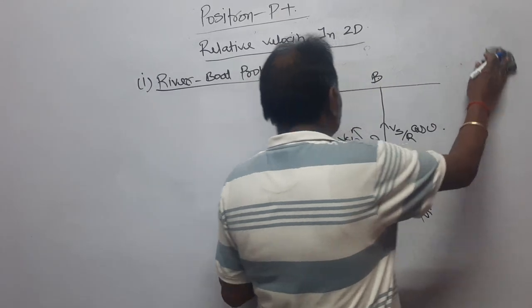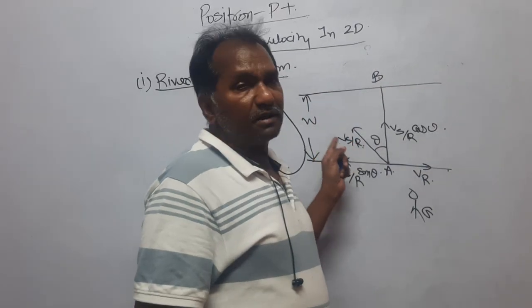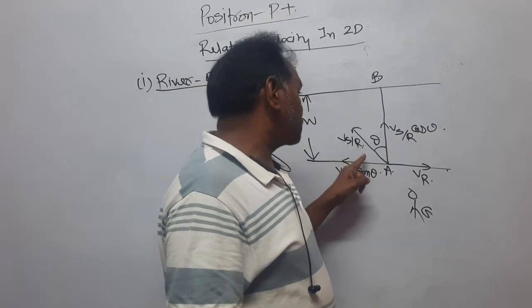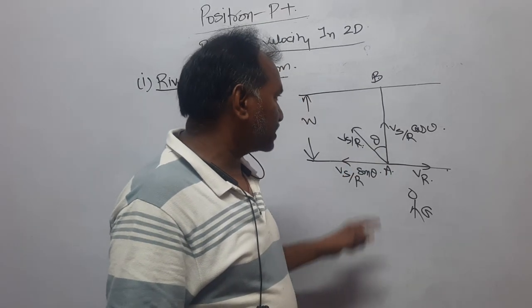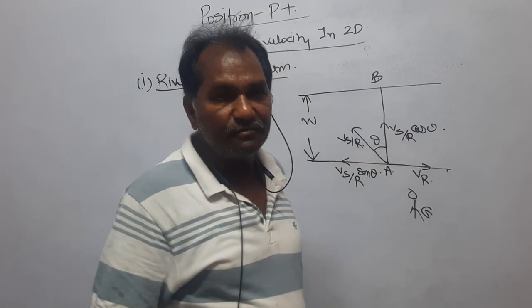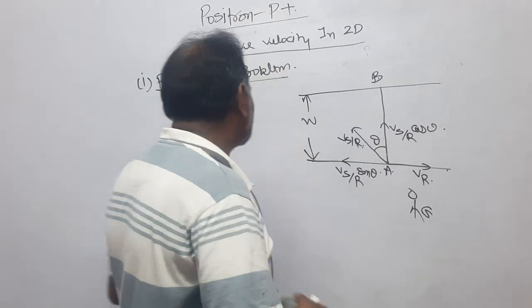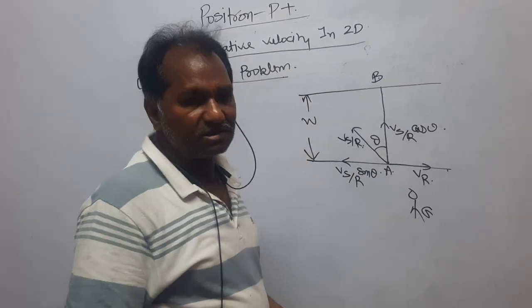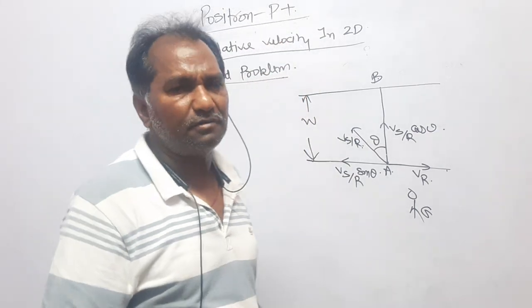Now dear student, look here. The swimmer begins to sail with respect to river at an angle theta. I have taken the two components. The component adjacent to the angle is VSR cos theta, and this is VSR sin theta. Now dear students, the first question asked is how much time the swimmer takes to cross the river.